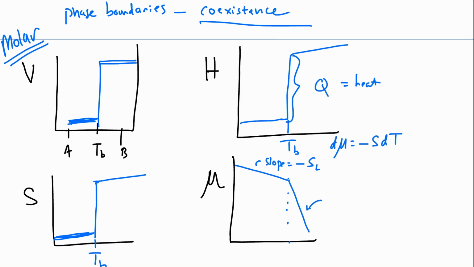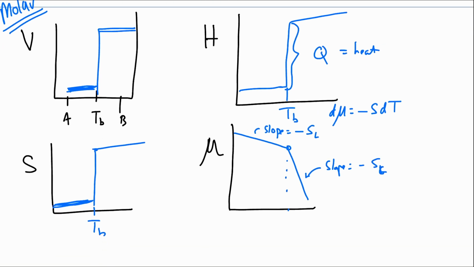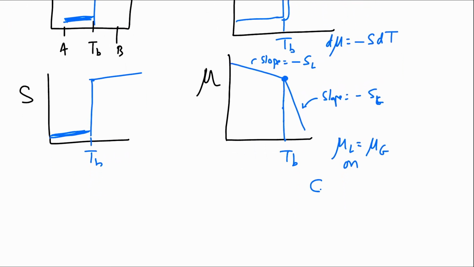And the slope is minus s of the gas, which is higher, right? And right there, mu sub liquid equals mu sub gas on the border, the phase boundary, the coexistence line.